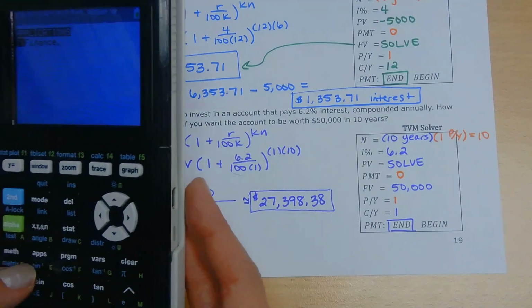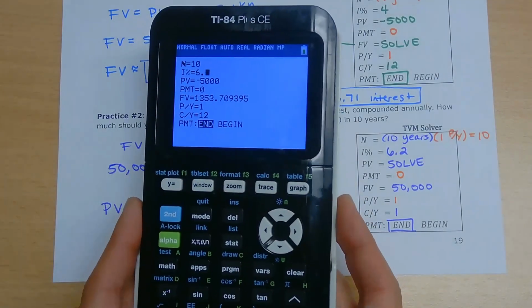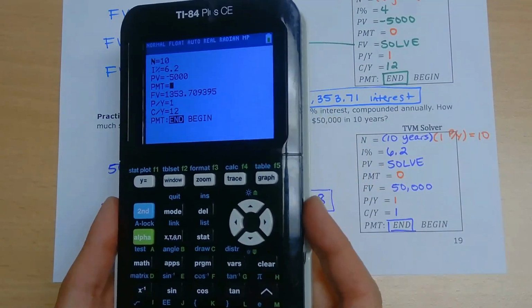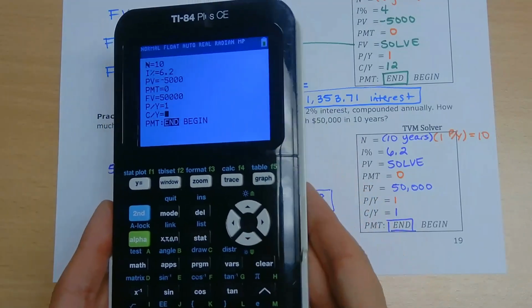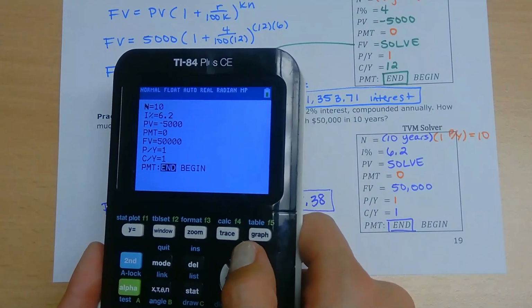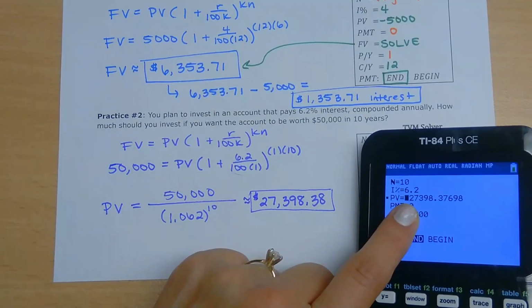Or if I had wanted to trick the calculator into doing that for me, I could have entered in my variables as planned here, 50,000, 1 and 1, go back up and alpha solve. And you can see negative $27,398.38.